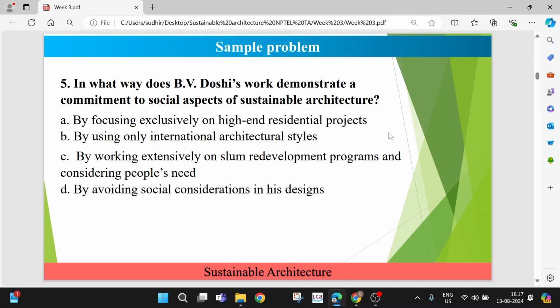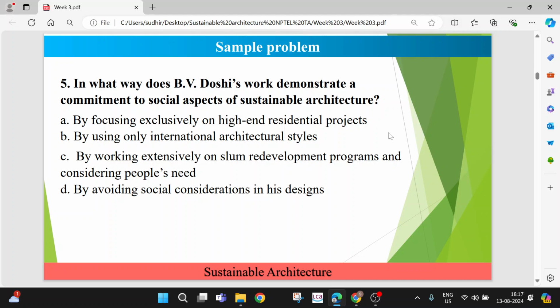He worked notably on the social aspects of architecture, particularly through his involvement in slum redevelopment programs, but he also designed to address the needs of marginalized communities and emphasized the importance of designing buildings that improve the quality of life for their users. So mainly his work was for slum dwellers. Based on that, you can easily answer.